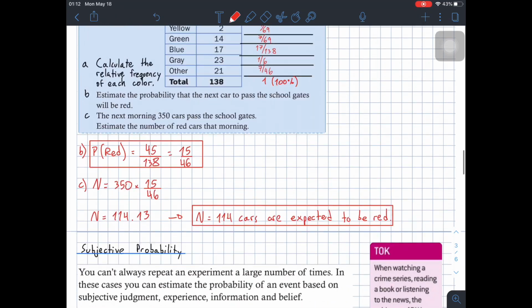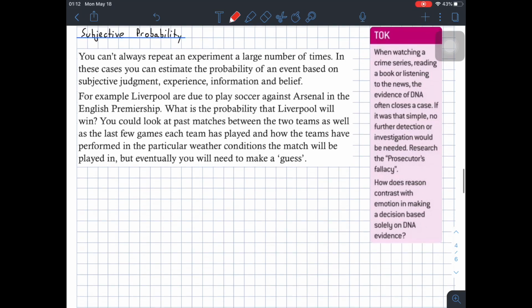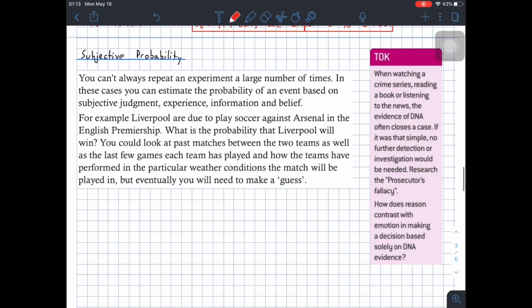Okay, so let's see the third type of probability, which is the subjective probability. And it says, you can't always repeat an experiment a large number of times. In these cases, you can estimate the probability of an event based on subjective judgment, experience, information, and belief. For example, Liverpool are due to play soccer against Arsenal in the English Premiership.